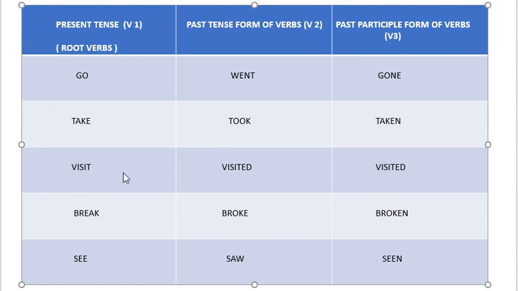Visit, visited, visited. Here we can see that in some of the verbs, past tense as well as past participle forms remain the same. Break, broke, broken. See, saw, seen. There are so many verbs, and I hope you will learn all the verb forms so that you can easily understand tenses.